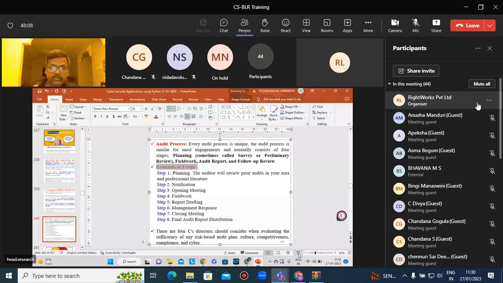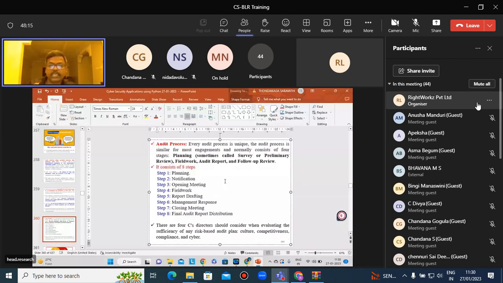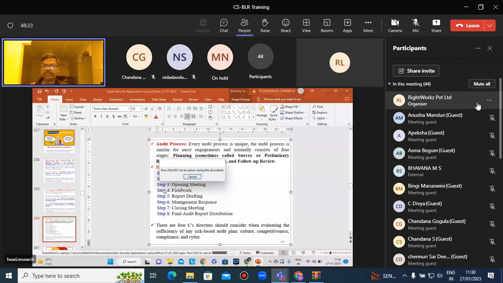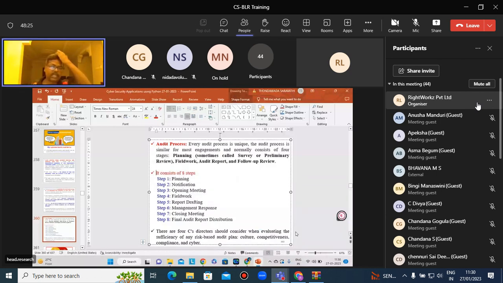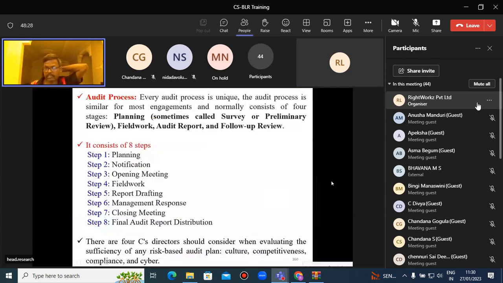Planning I have explained already: we are collecting literature survey or preliminary review, with the help of data gathering. Then planning, notification, opening meeting, field work, report drafting, management response, closing meeting, final audit report distribution. These are the 8 steps in the audit process.